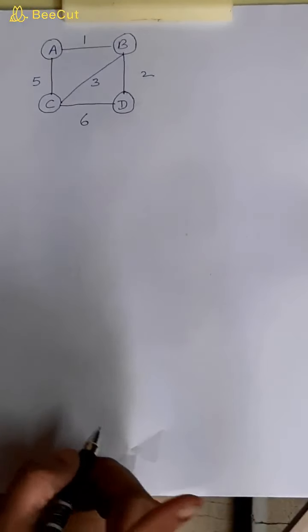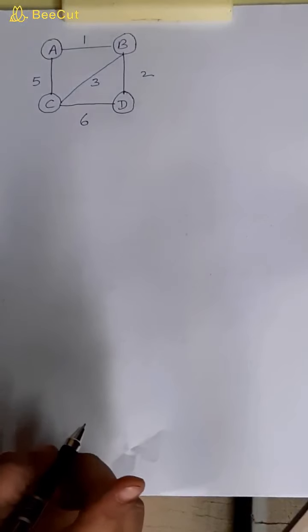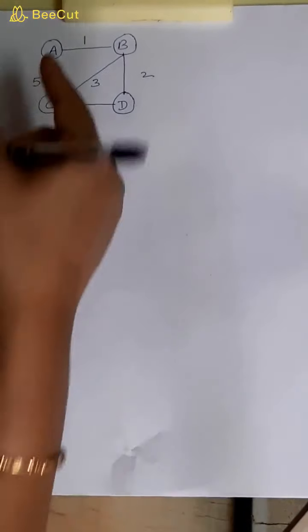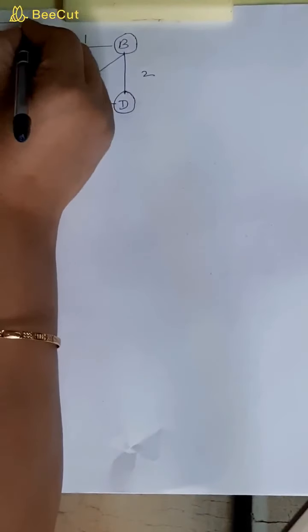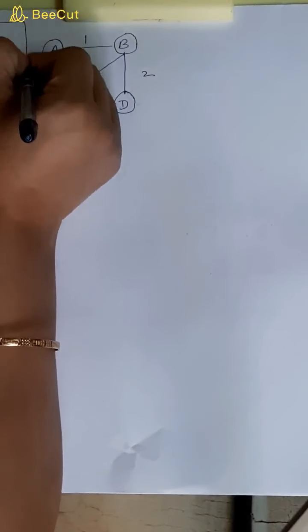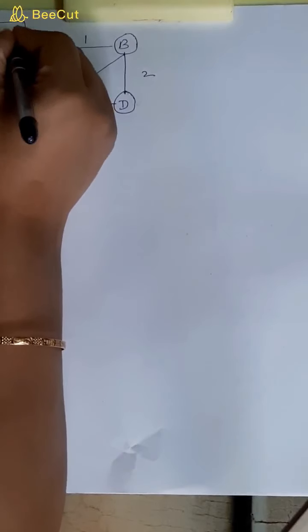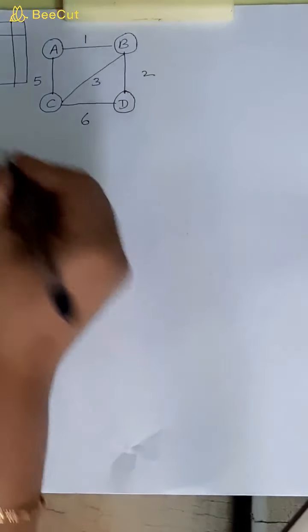Okay. So the first step, what is the first step? That all the routers should prepare their routing table, which must be containing information about their direct neighbors. So in this case, A will maintain a table like this.